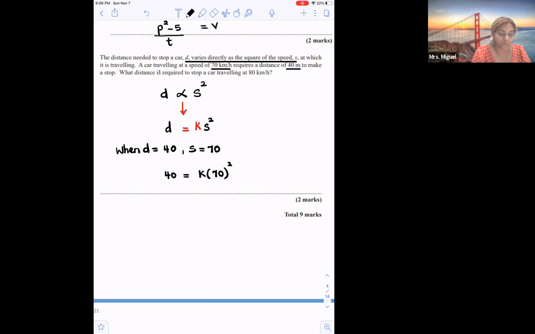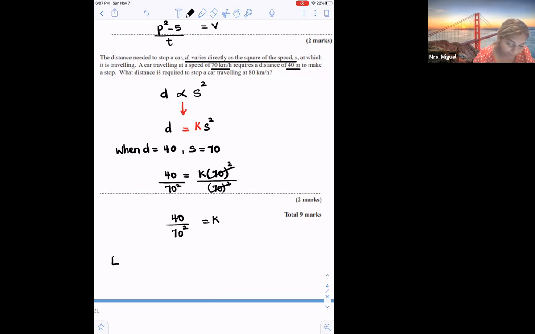All right. So it means that we have to divide both sides by 70 squared. This is going to cancel, and k is equal to 40 over 70 squared.